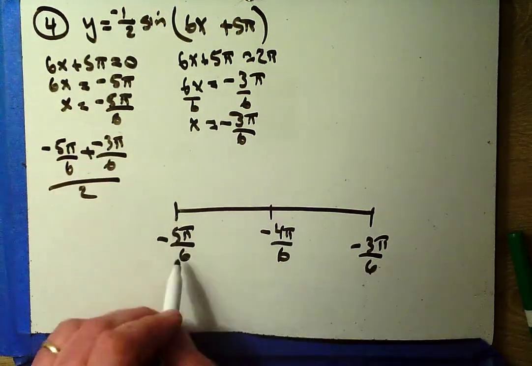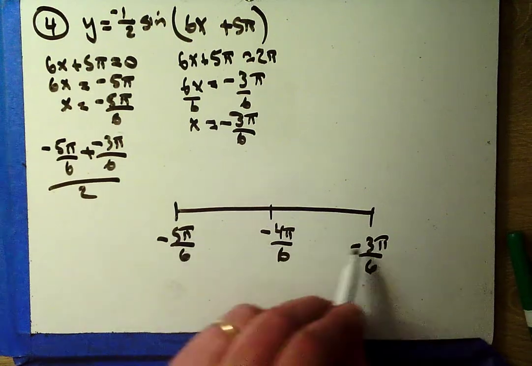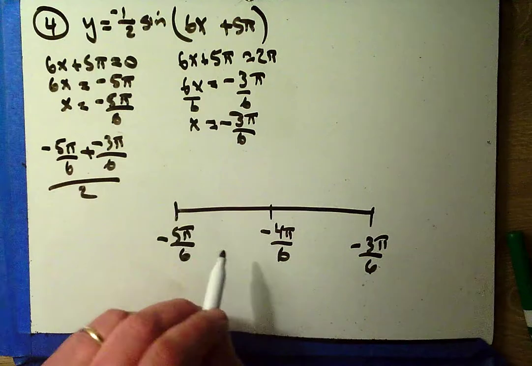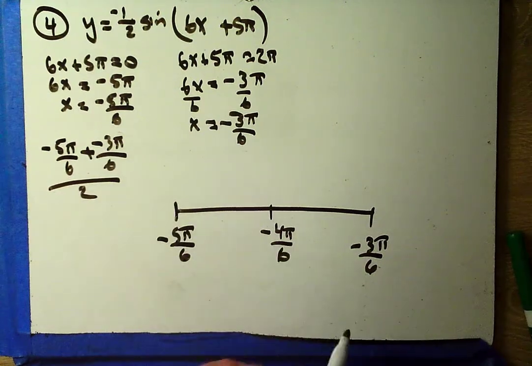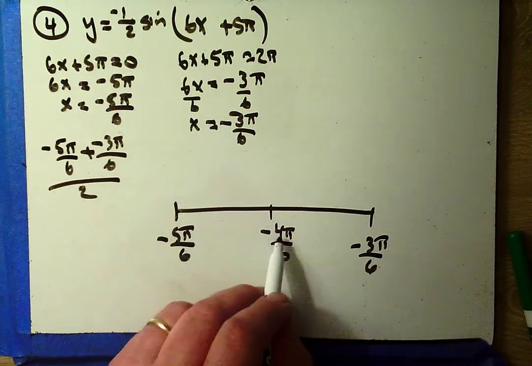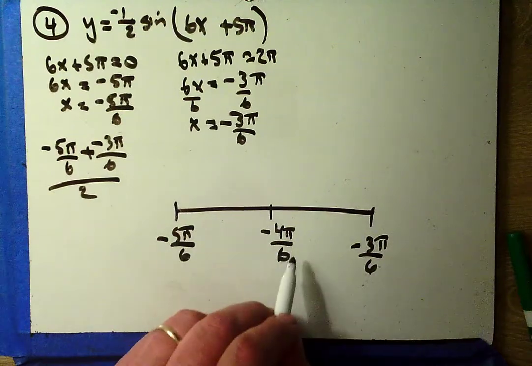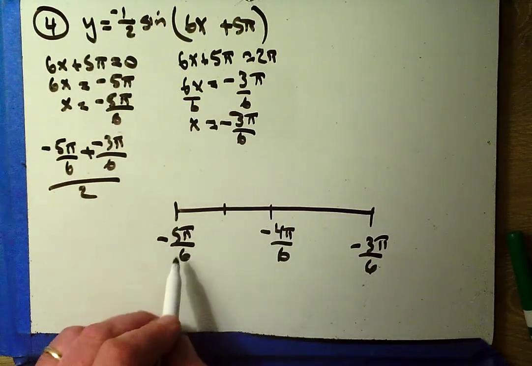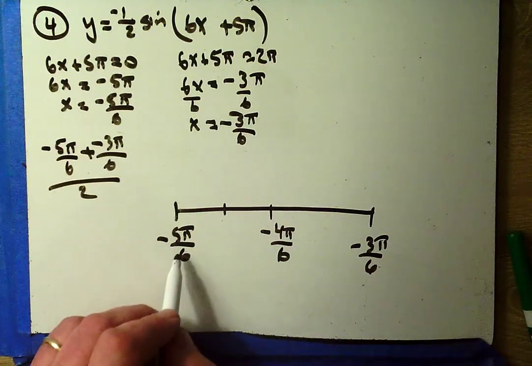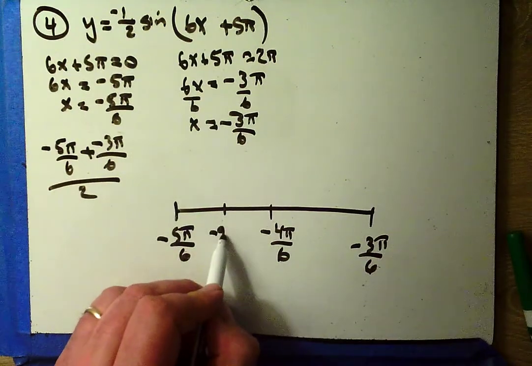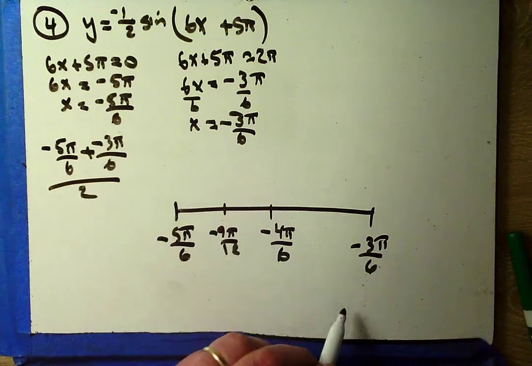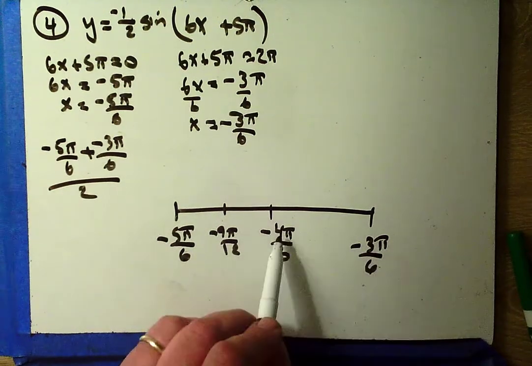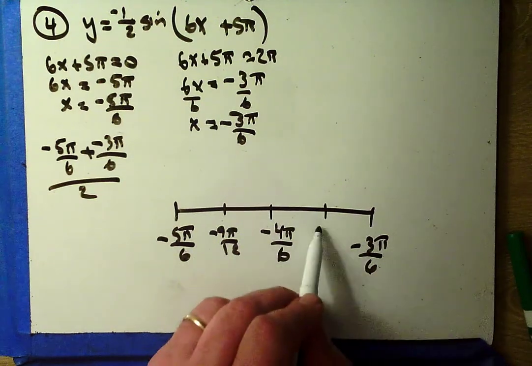Since the denominators are the same, we could add the numerators and double the denominator, or add the numerators and divide by 2. And that gives us this. So now we want to find halfway between negative 5 and negative 4. Well, if I add those together, I get 9. And if I double the denominator, I get 12. So negative 9 pi over 12. And here, if I add these, I get negative 7 over 12.